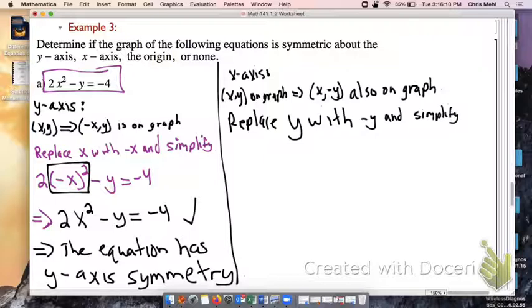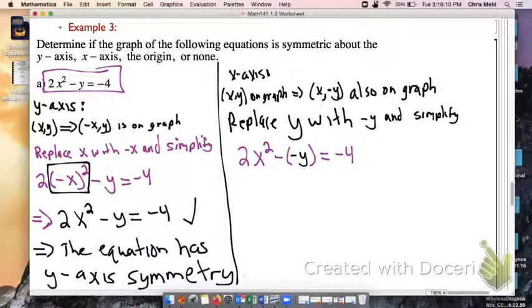Looking at the original expression, the first part does not change: you have 2x squared minus, but you replace y with minus y, and that is equal to negative 4.